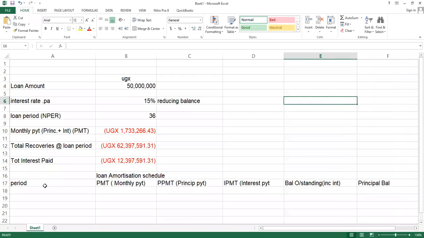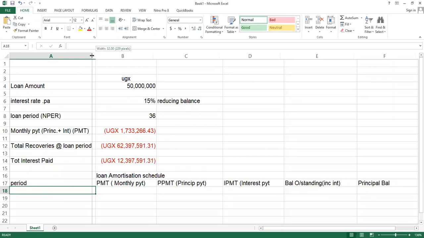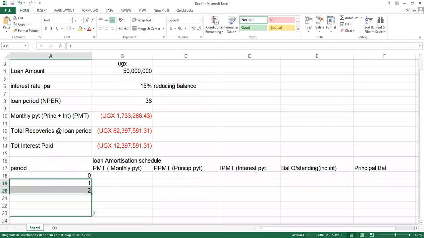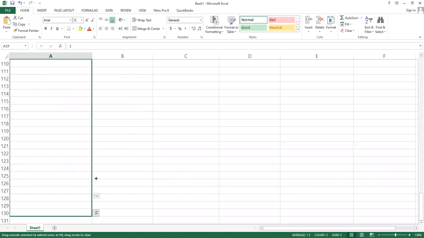So now, how do I get, of course, the assumption is that the loan is disbursed in period 0 and then payment begins at the end of period 1. So we'll have 0, 1, then I put 2, then I can be able to drag and reach up to period 36.